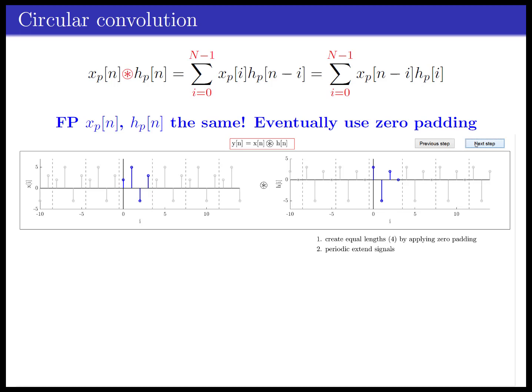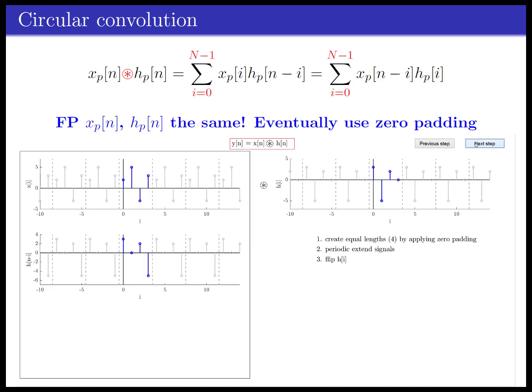Then both x and h are periodically extended with period N is 4. And the periodic extended impulse response is flipped around index n is 0. Note the specific result of this flipped result within the fundamental period. The sample at index n is 0 is copied, while the other samples have been reversed in order.